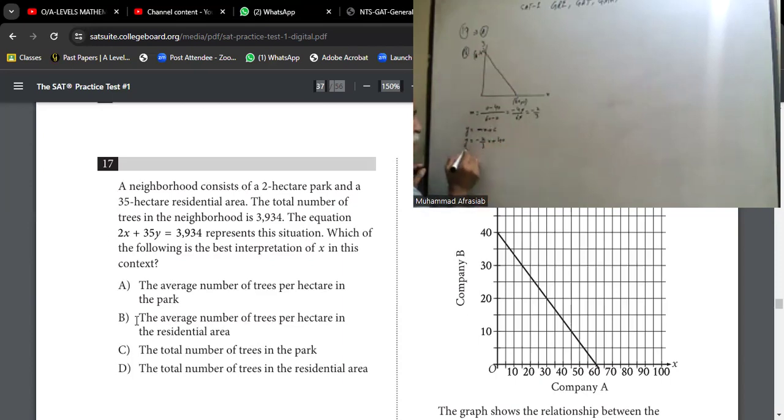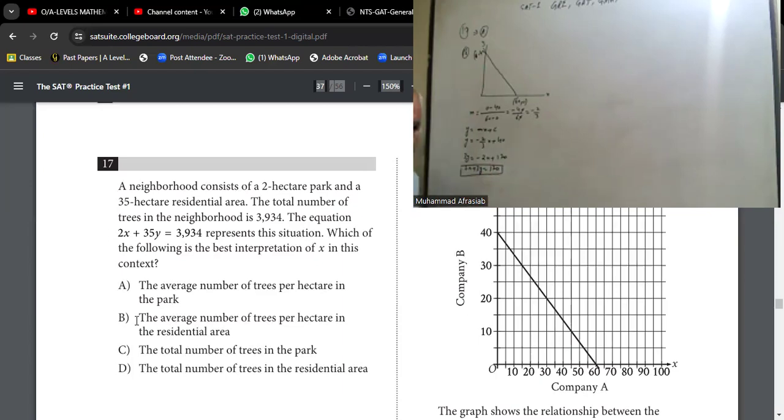If we cross multiply, 3y is equal to minus 2x plus 120, or this becomes 2x plus 3y is equal to 120.